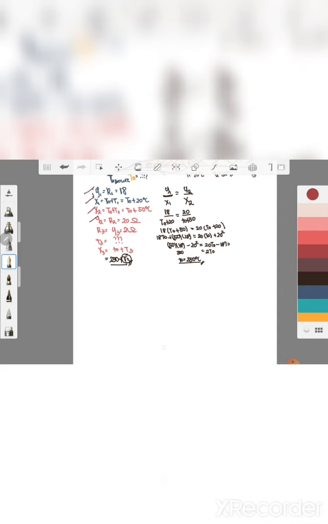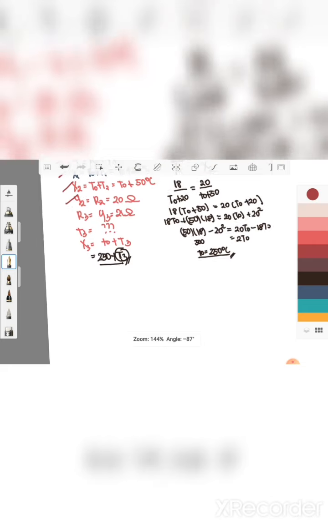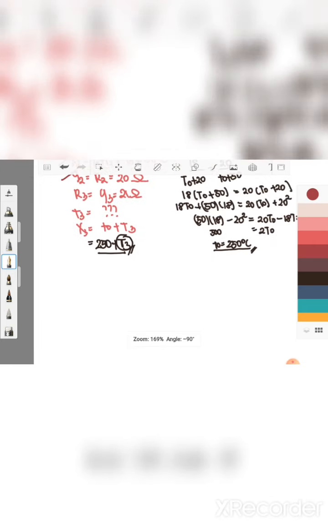So, either y2, x2, or your y1 and x1. Okay? So, since you have already your 250 plus T3, we will now solve for your r3 all over x3, which is equal to, let's say kahit r1 over x1 na lang. Okay? So, pwede lang ang r2 over x2, guys.